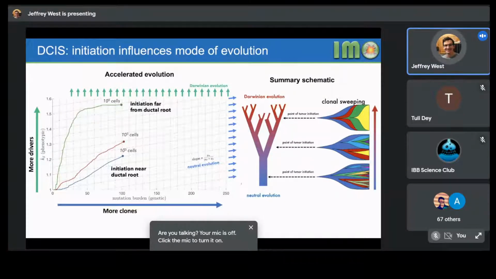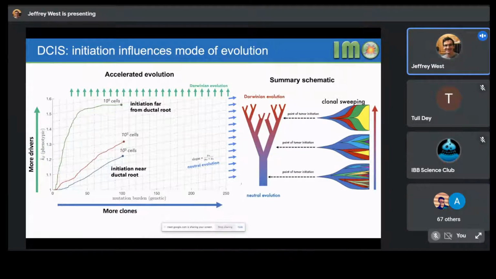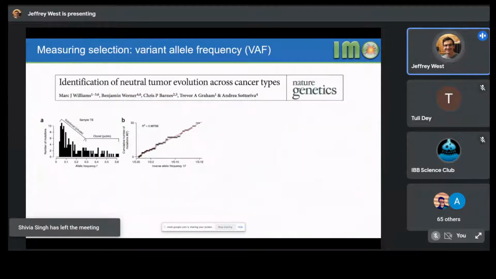So can we match this to some clinical data? In particular, what we want to look at is a clinically relevant metric of evolution. And there's something called the variant allele frequency, where basically you look at the different mutations in the tumor and how often those mutations occur, the frequency of those mutations.